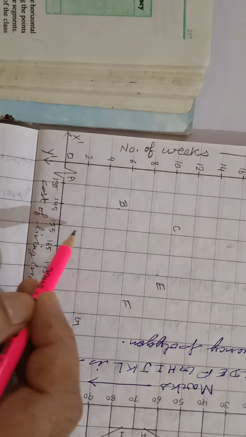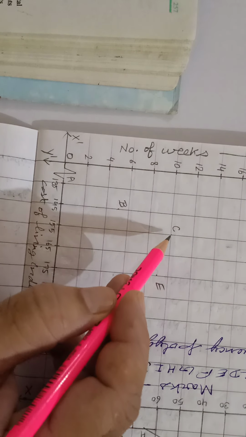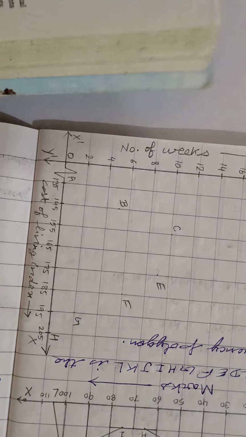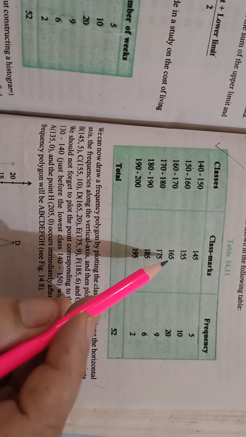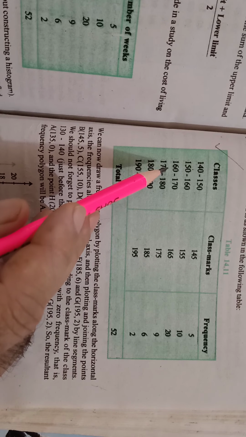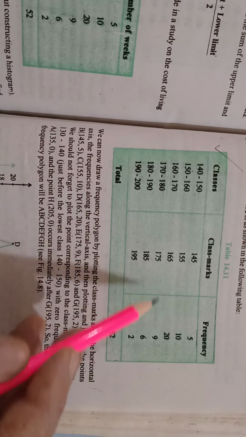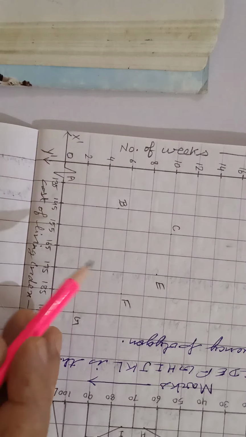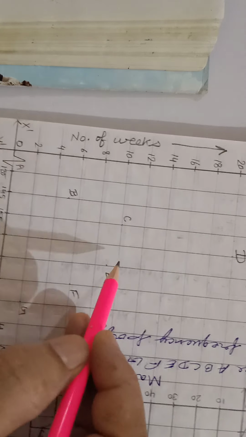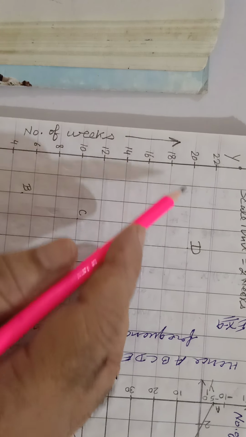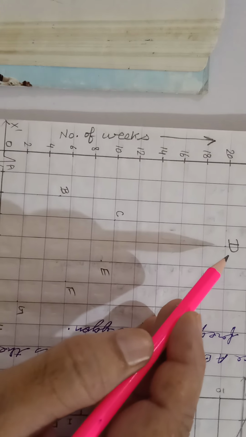So 155, take 10. This is your C point. And next class mark 165, whose class is 160 to 170 and whose frequency is 20. This is your 20.